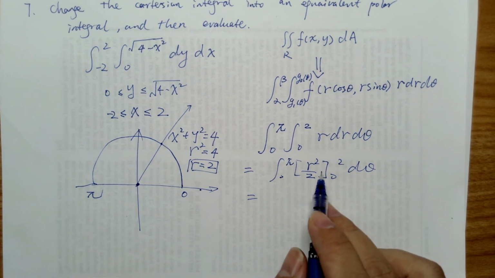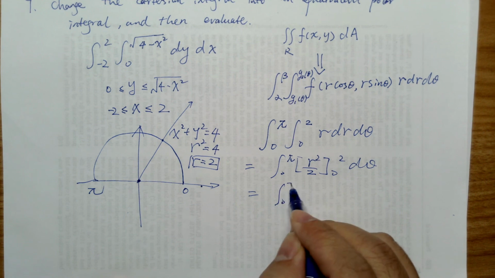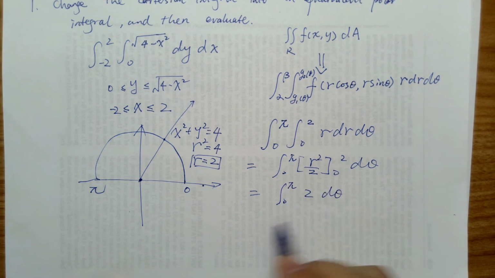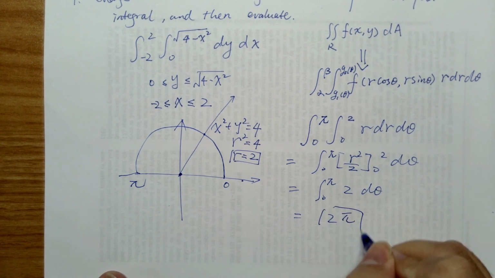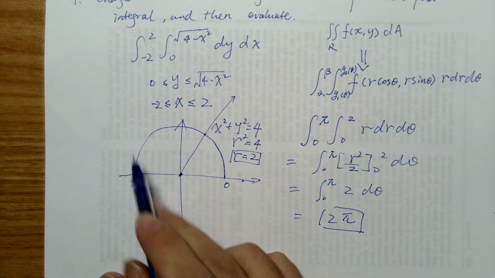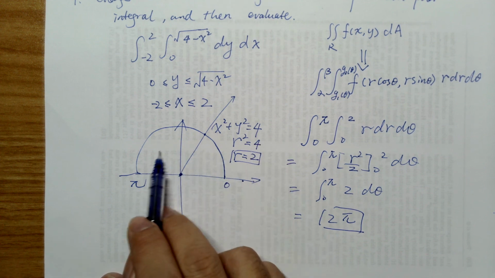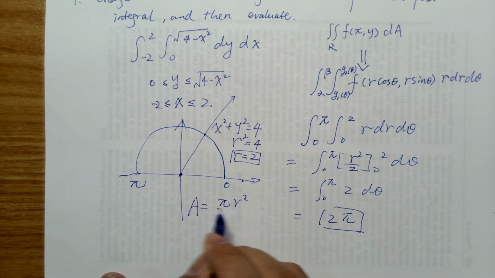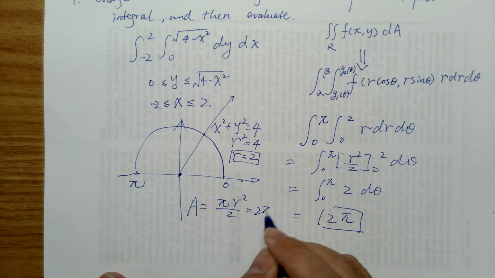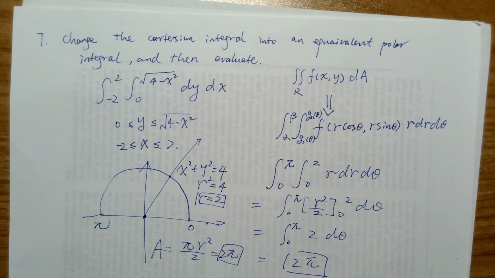So it turns out this is going to give us 2 d theta, and then this gives us 2 pi, which we know, since the radius of the circle is 2, the area of the half circle, which is pi r squared over 2, is also 2 pi, right? So yeah, this is one of the examples related to the double integral.